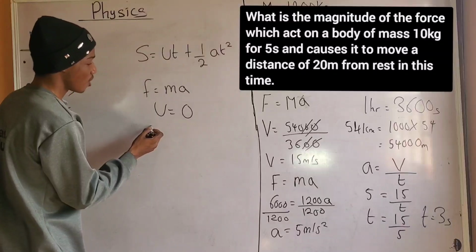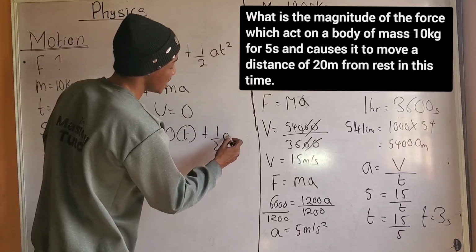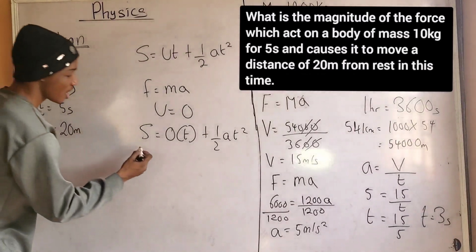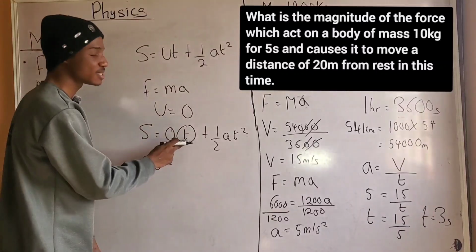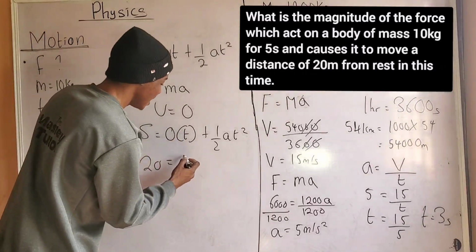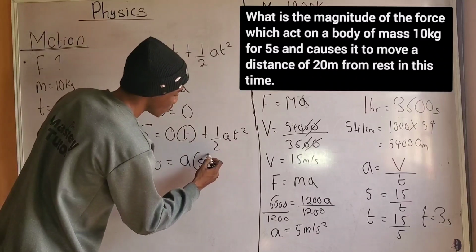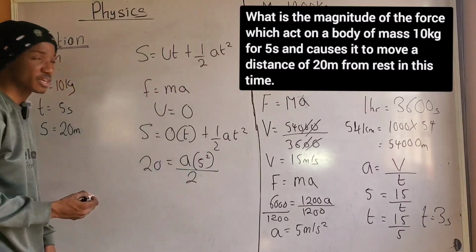That means the equation becomes S equals 0 multiplied by t plus 1 over 2 at squared. T has been given as 5 seconds, and S is 20. So I'm going to have 20 equals 0 times t, which is 0, plus a multiplied by 5 squared, all over 2, right?